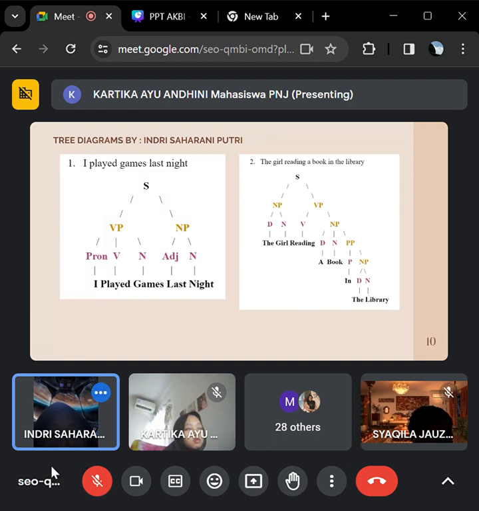The verb is reading, and the noun phrase is divided into determiner, noun, and prepositional phrase. A is a determiner, book as a noun, and the prepositional phrase is divided into preposition and noun phrase. In as a preposition, and the noun phrase is divided into determiner and noun. The as the determiner and library as a noun.